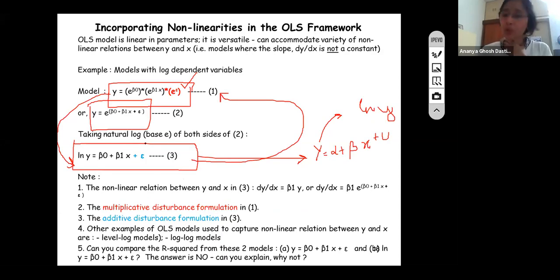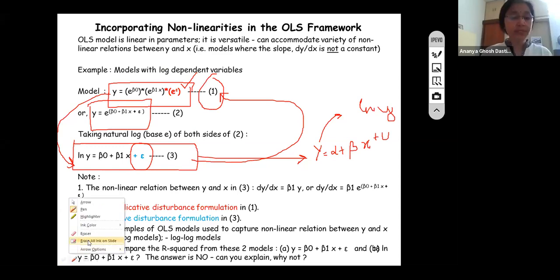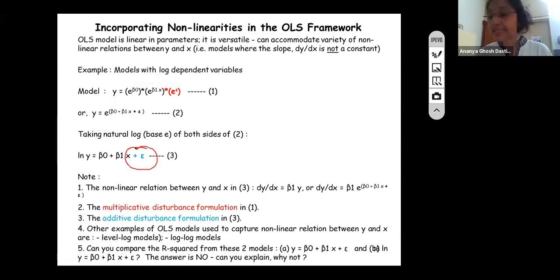In your OLS model, once you fit this model into the OLS framework, so equation 3 is being estimated using OLS, the disturbance term enters with a plus sign. It's additive. But in the original model, that is in equation number 1, which captures a nonlinearity, the error term is multiplicative.